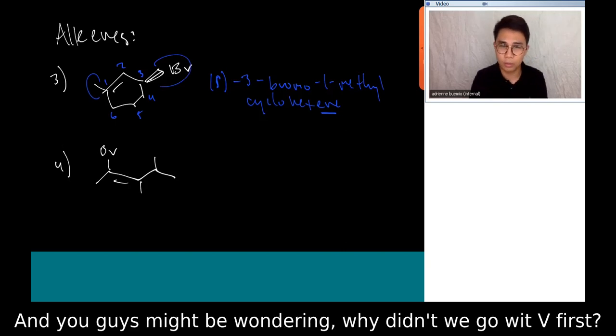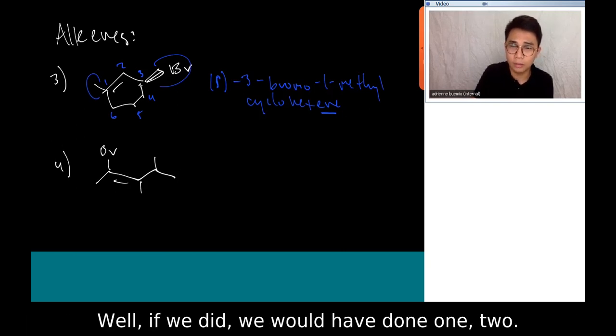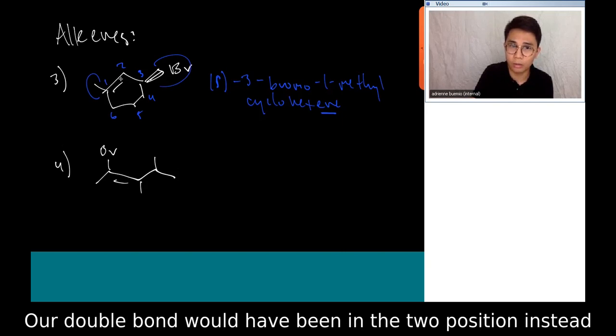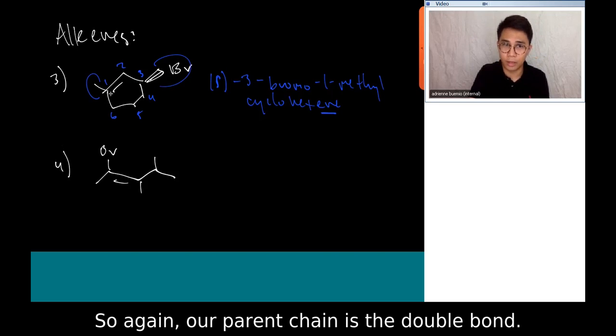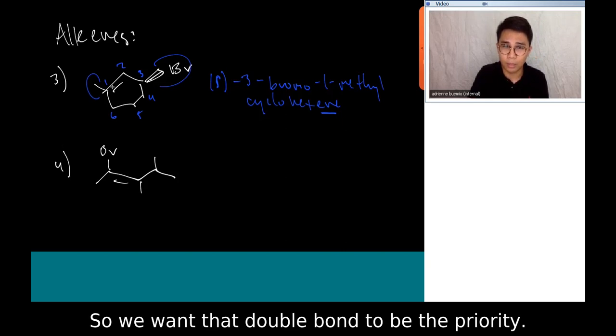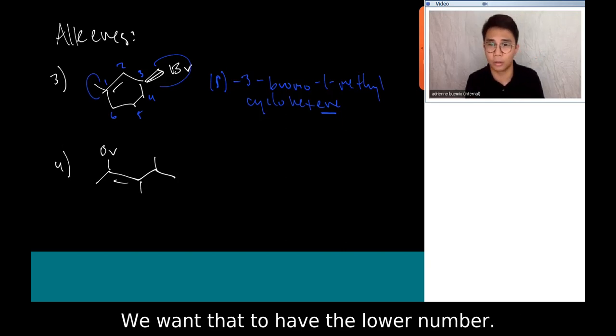And you guys might be wondering, why didn't we go B first? Well, if we did, we would have gone 1, 2. Our double bond would have been in the 2 position instead of the 1, right? So again, our parent chain is the double bond, so we want that double bond to be the priority. We want that to have the lower number.